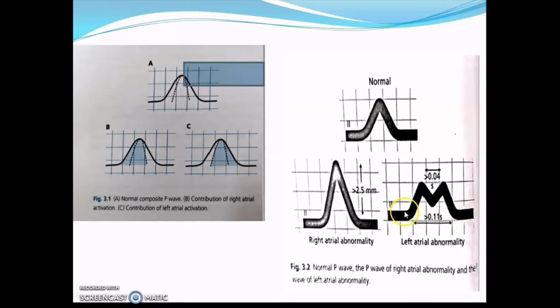A wide P wave more than 0.11 seconds, and a notch duration more than 0.04 seconds, indicates left atrial enlargement. Whenever there is left atrial enlargement with right atrial enlargement, the initial part of the notch becomes tall like this, and the second part will be smaller. This is called P tricuspidale.